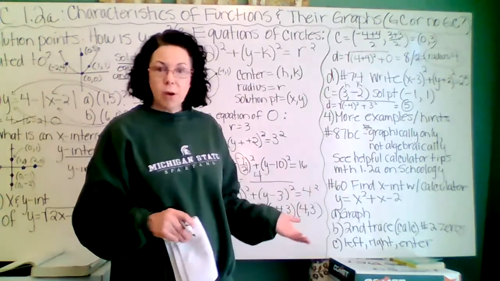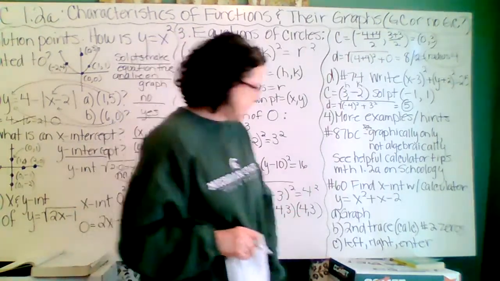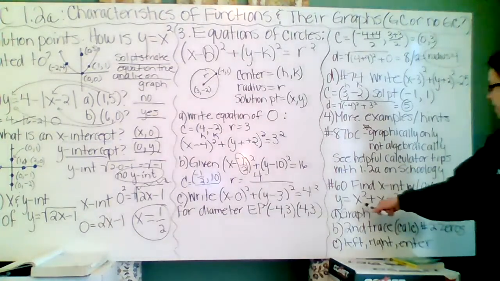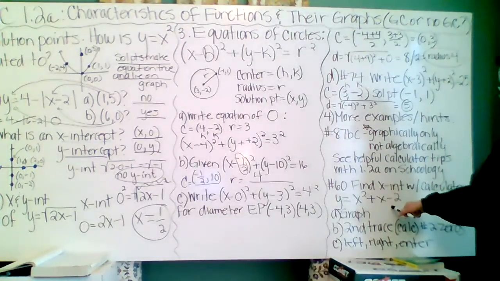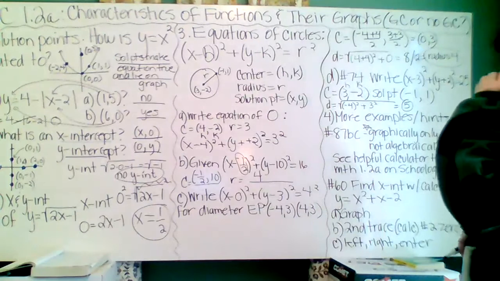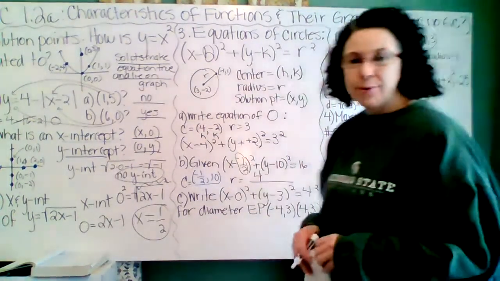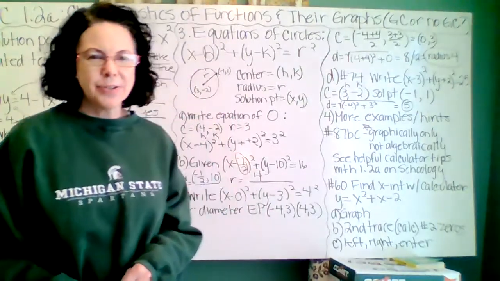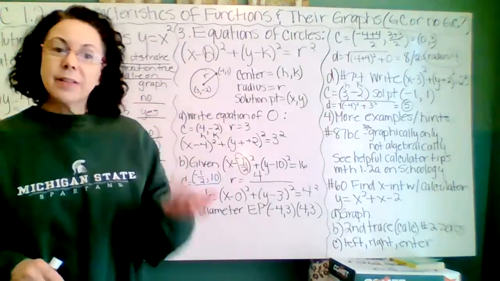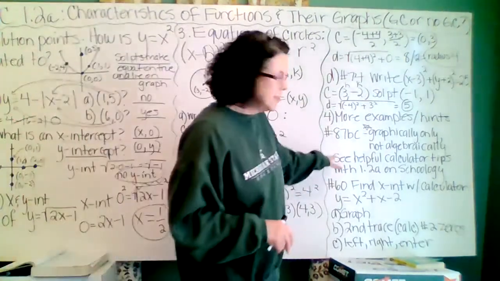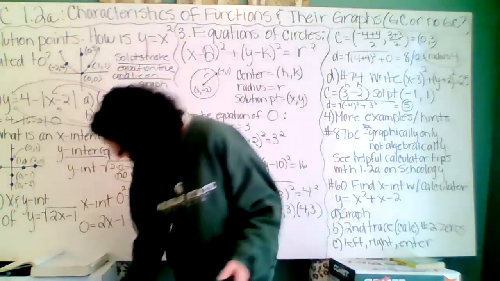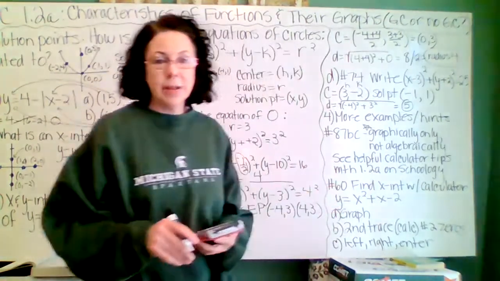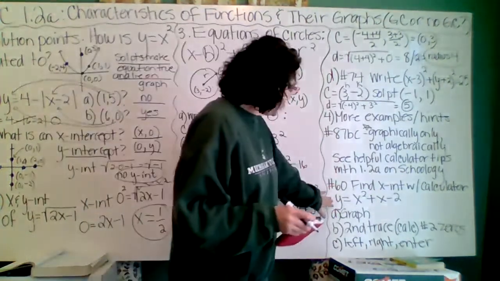Okay, one last question. On number 60, what if they ask you to use a calculator to find the x-intercepts of a graph, such as x squared plus x minus 2? I did include how to find x-intercepts on a graphing calculator in the helpful hints, but let's look at it together. First of all, I turned off my stat plots because I want to graph y equals.